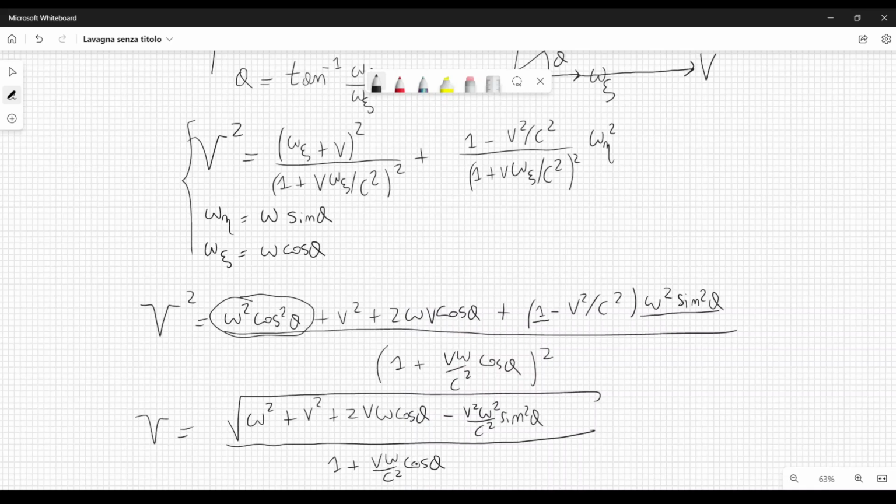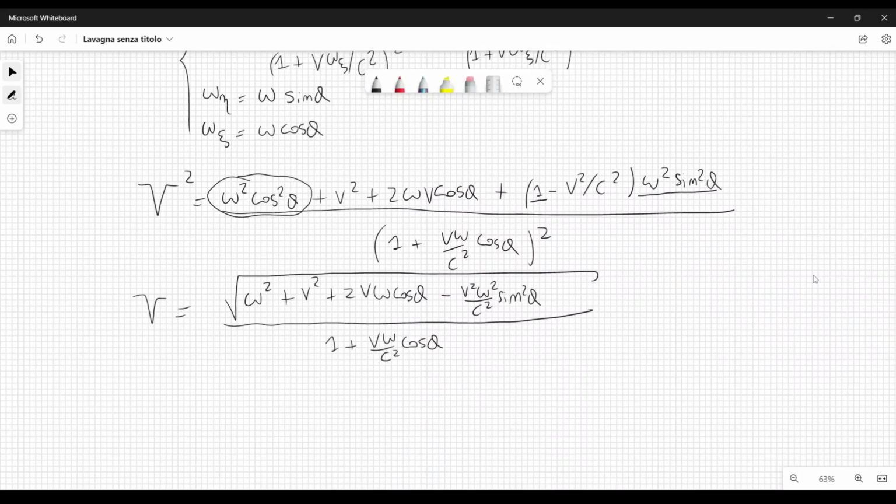Now, if the angle between V and omega is 0, meaning that V is parallel to omega, capital V can also be written like this. You can see here that this term will give rise to (omega plus V) squared, whereas this term here will be 0 because sine of A is 0 in that case.